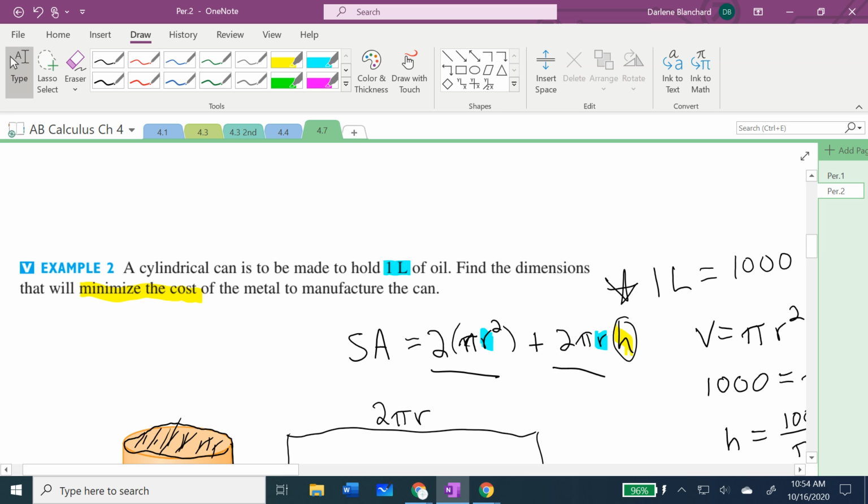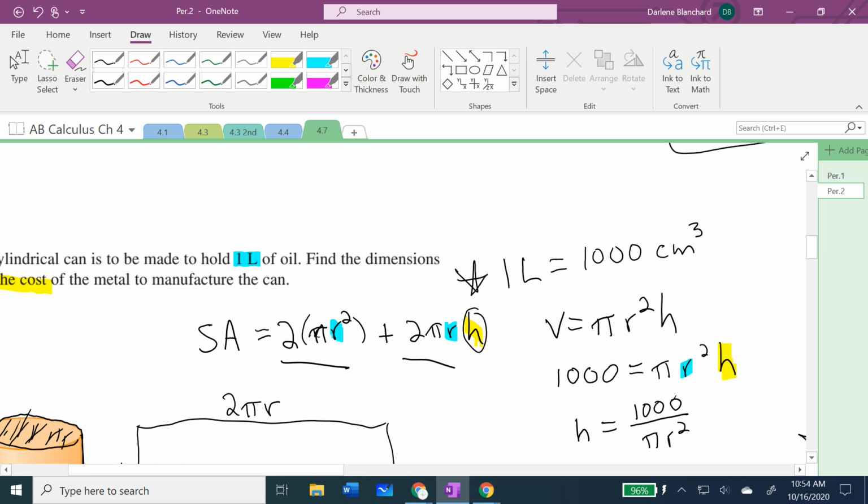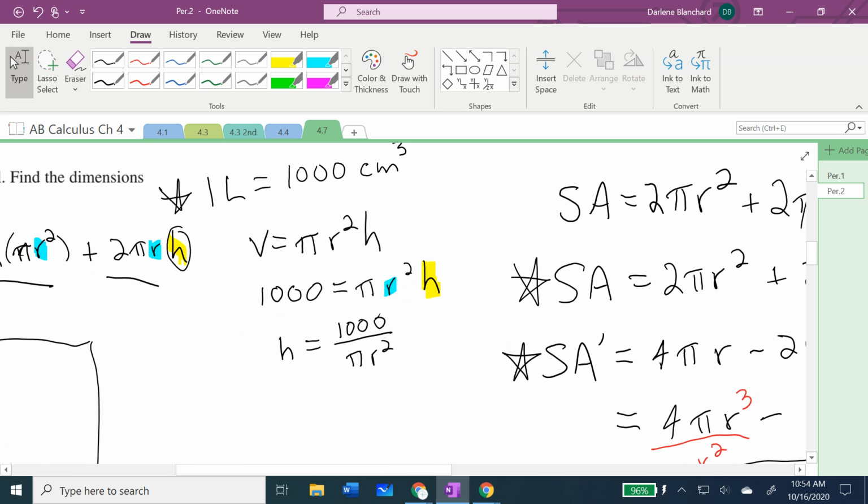This asks for the dimensions, so just know that from there, you need to take that value of R and plug it in here to get a value for H, and then you've got your dimensions. All right, I'm stopping the recording.